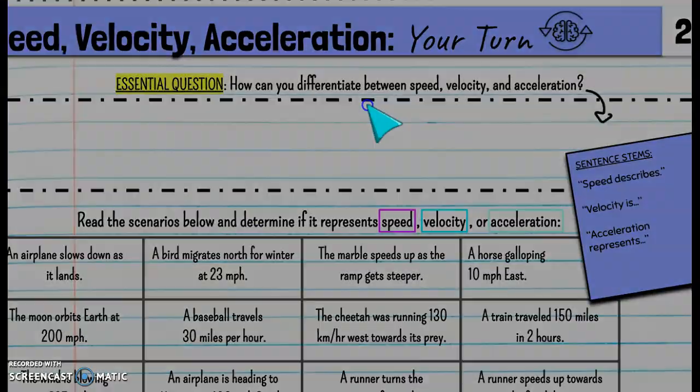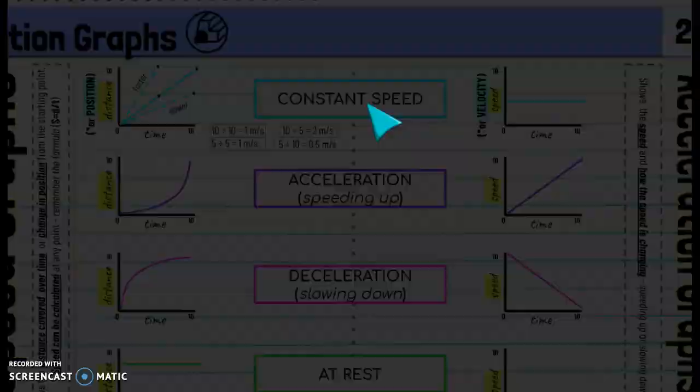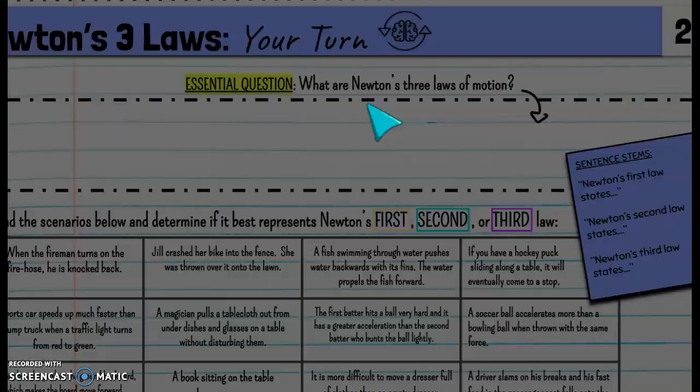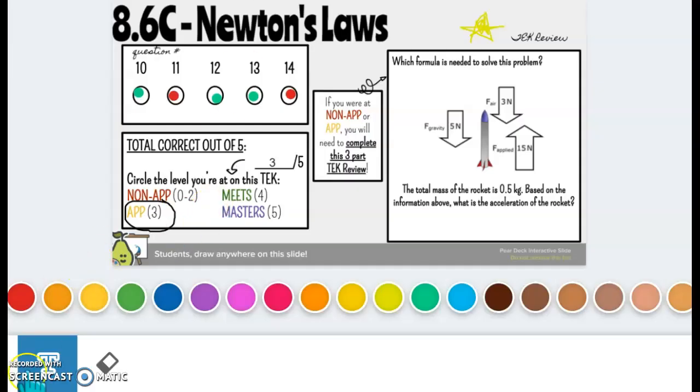So knowing that, I know that I'll be using my force formula. So F equals ma. I'll also use my formula triangle strategy. So coming over here, the formula is F equals ma. And then I'll go ahead and draw out the triangle.